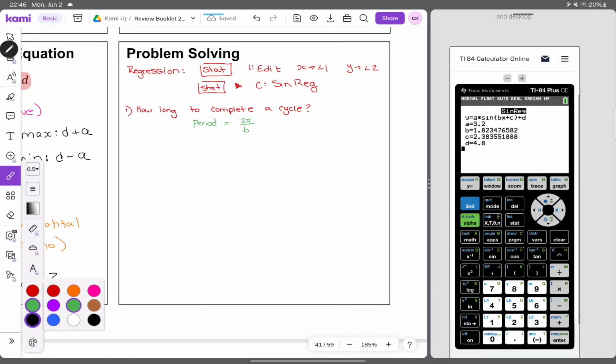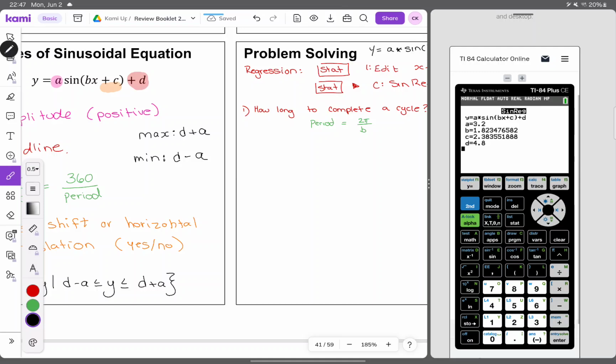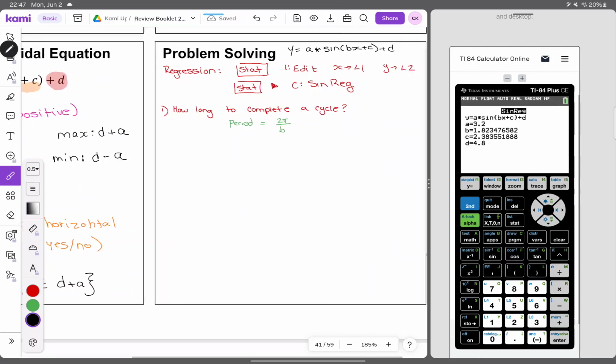So you can see a sinusoidal regression is of the form y equals a sine bx plus c plus d. So same as what we have over here. So all of this information still applies the same.